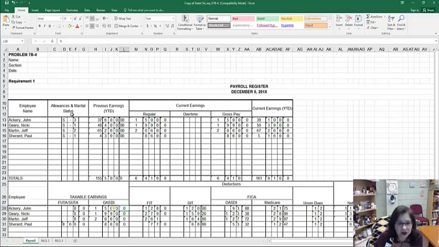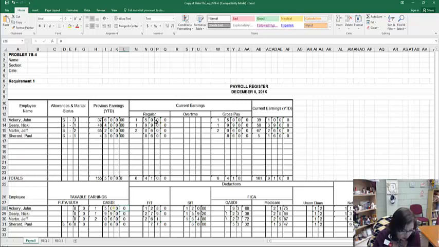You'll see that you've got the allowances for marital status, and you get that from the figure that's there for each employee. The single plus three, single one, meaning the dependents, and you have their previous earnings from beforehand, $37,000, $48,400.